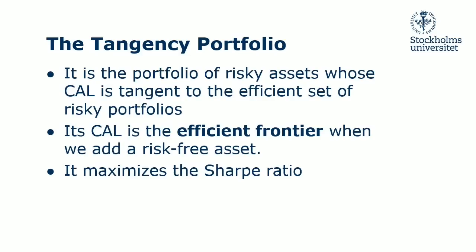Since the tangency portfolio has the capital allocation line that is the steepest of all the capital allocation lines that can be built by using the portfolios of risky assets on the efficient frontier of two risky assets only, it turns out that the tangency portfolio is also the one that maximizes the Sharpe ratio.